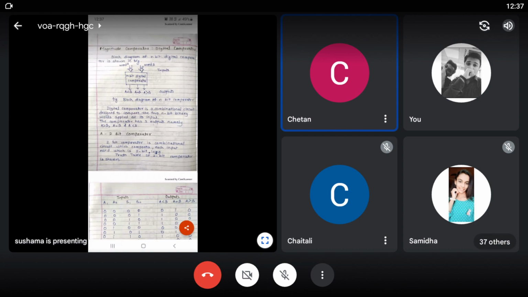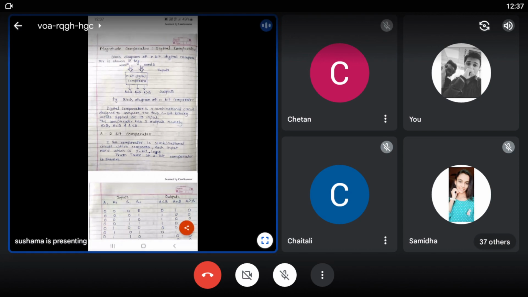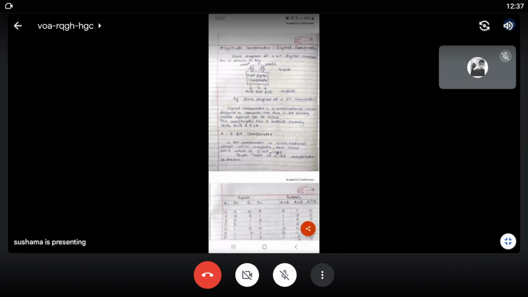Yes. Okay, there is one point that is magnitude comparator, or it is called a digital comparator. As it indicates, it is going to compare the two bits. Basically it is a combinational circuit designed to compare the two n-bit binary words applied at its inputs.